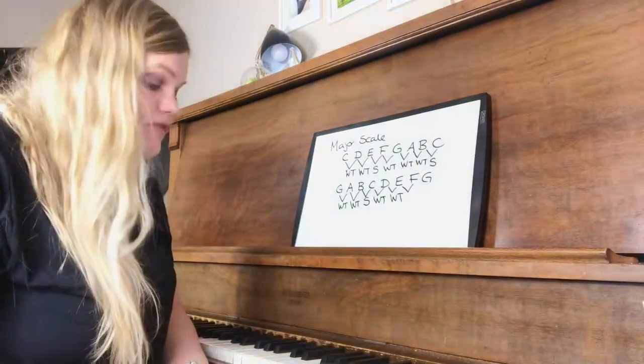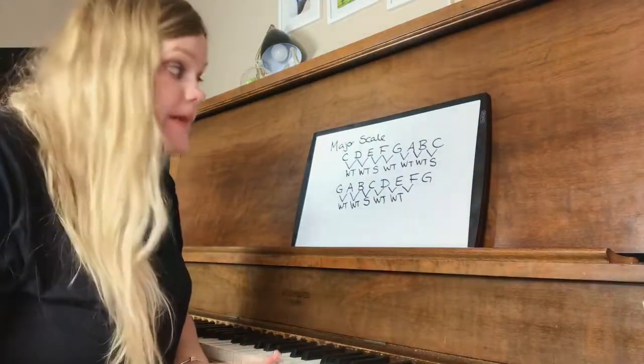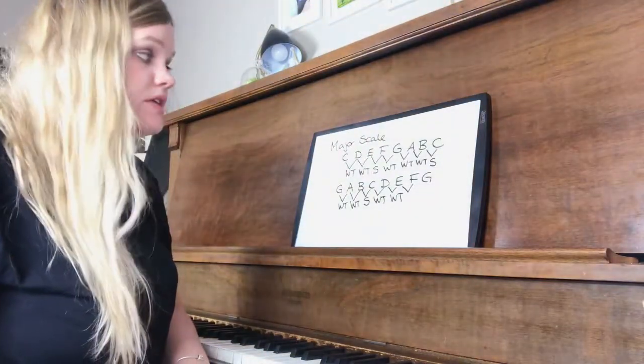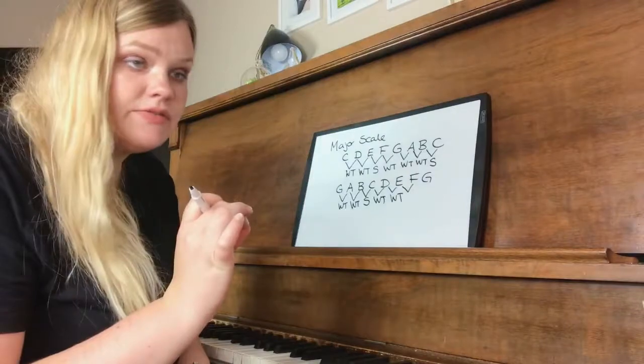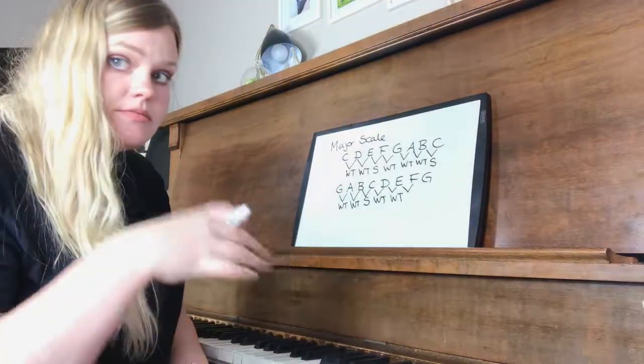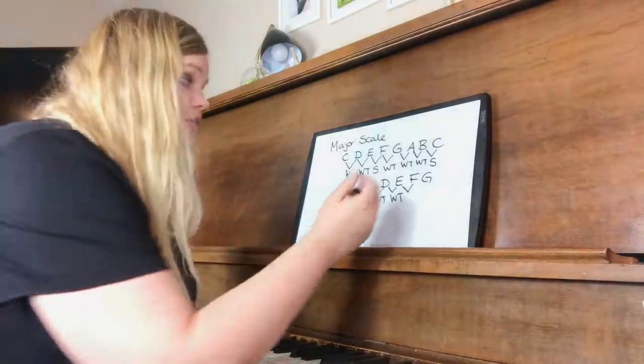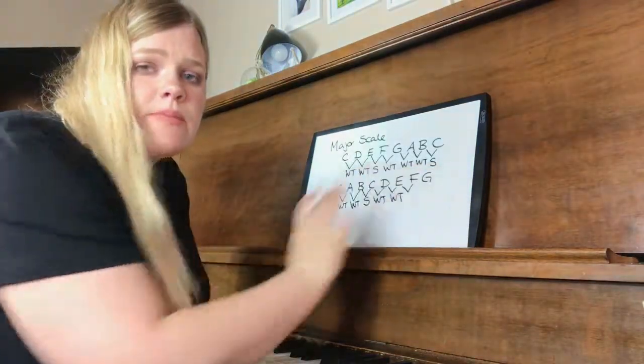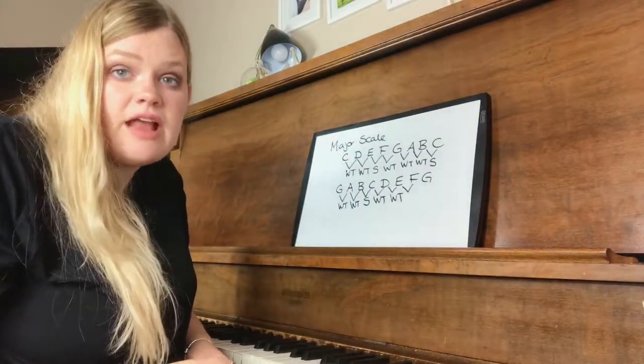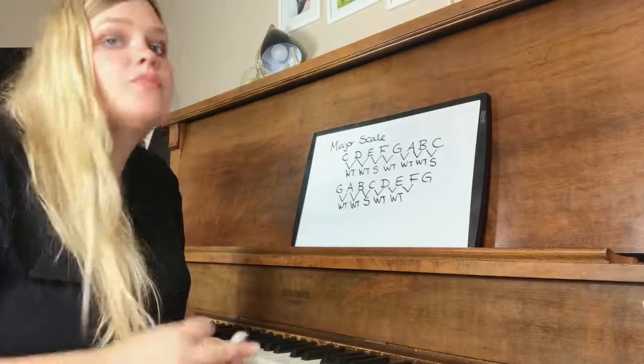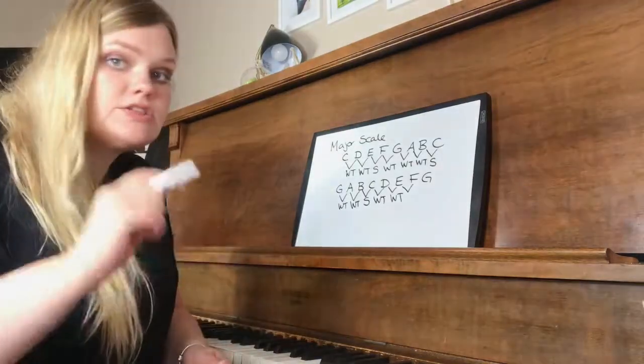Between the E and the F is actually normally a semitone. So what you need to do is change the F to make it a whole tone. In order to change it, if you remember back from our lesson on accidentals, and if you don't remember, once again, it'll be located in the description box.